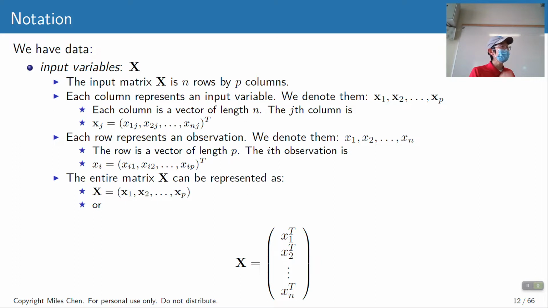Okay, so you've got 6 input values. They come in here, and this will be the first observation, ith observation, etc. The entire matrix X can then be described as the p columns, or it could be described as the n rows. You take each of these and you transpose them, and that will be the input matrix X.